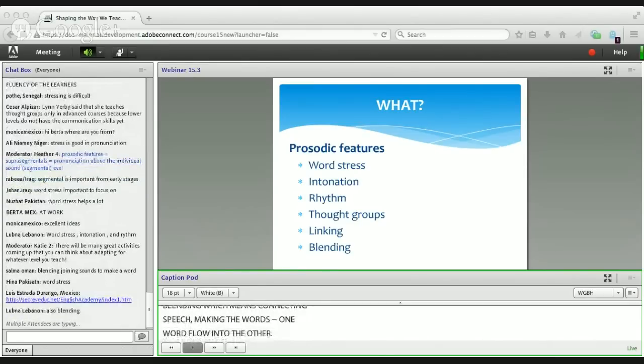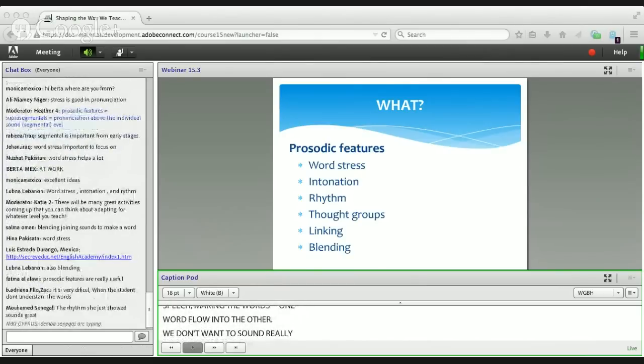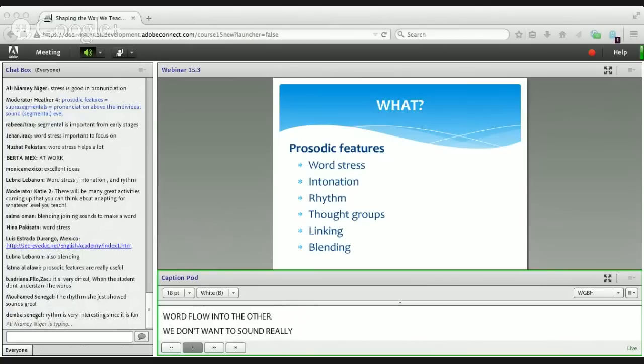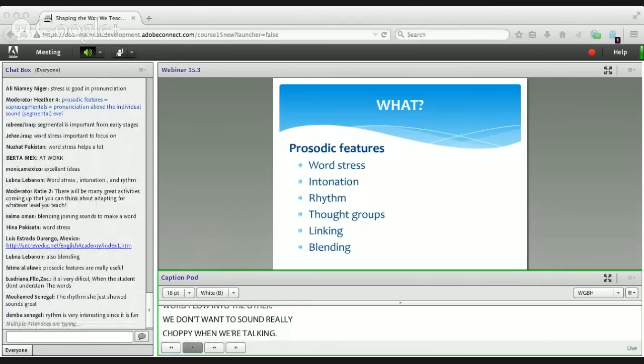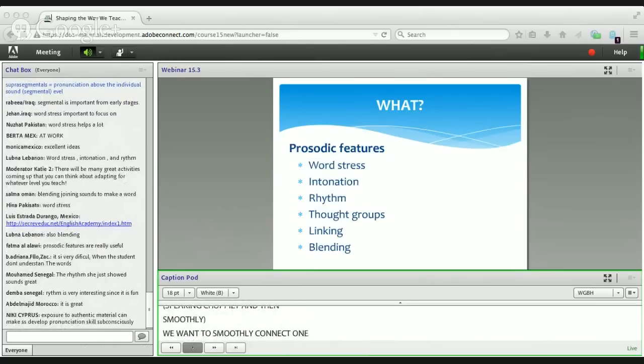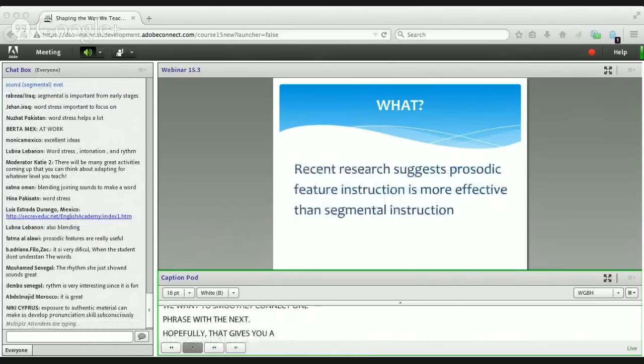We want to smoothly link or connect one word or one sound, one phrase with the next. Hopefully that gives you a little bit of an idea of these features. There are lots of online resources if you still have questions.